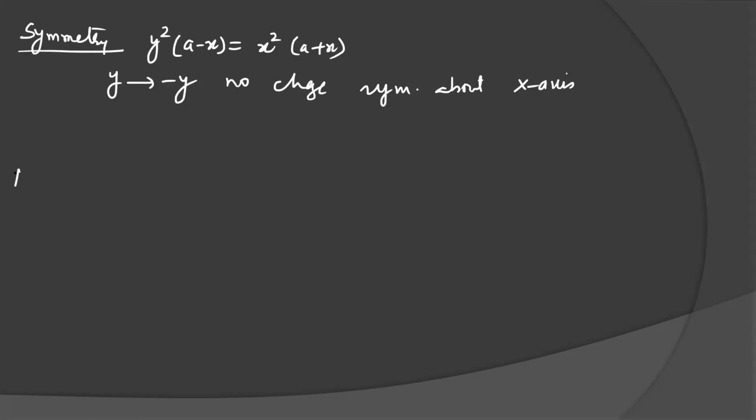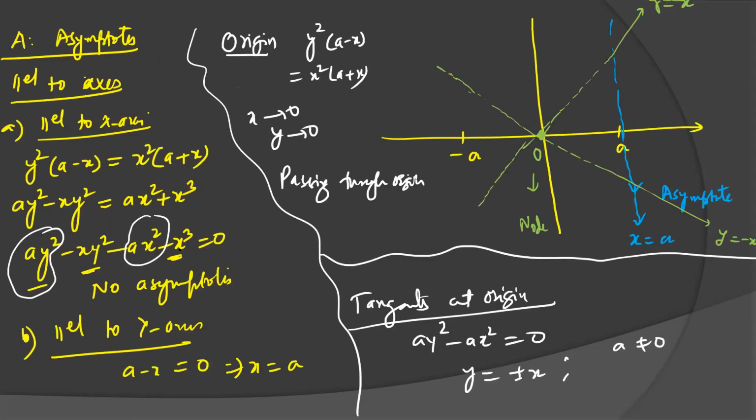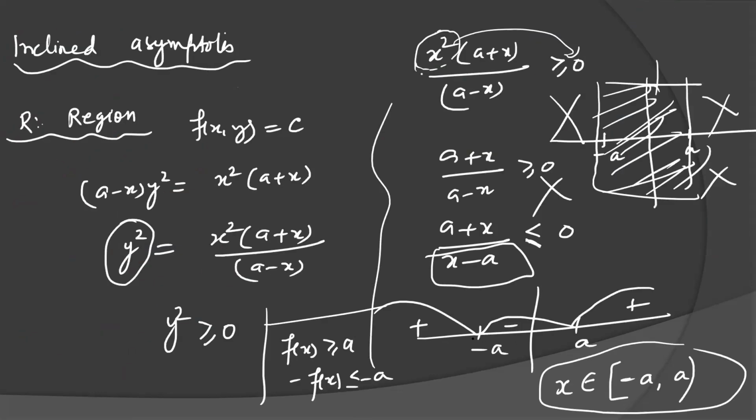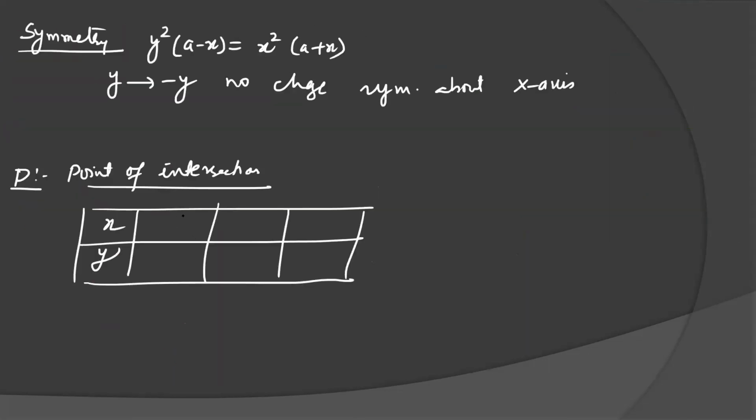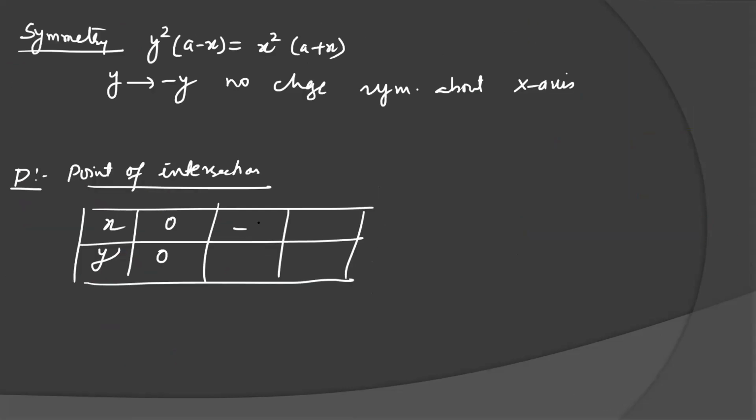Tangents, asymptotes, then points of intersection. Now, important point: point of intersection. If you try to find the points here, remember we can take x and y only from minus a to a. So x is 0, y is 0. x equal to minus a, y equal to 0.